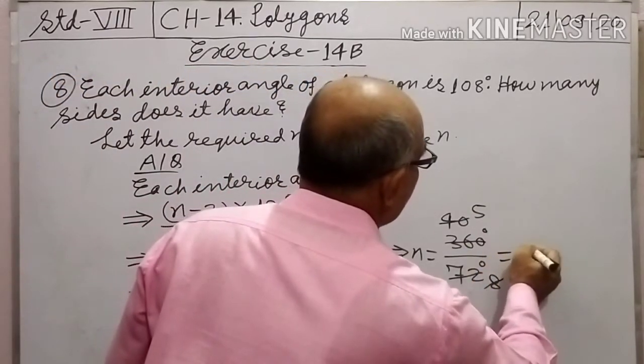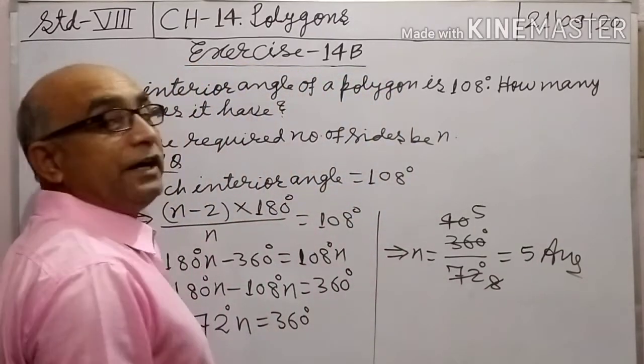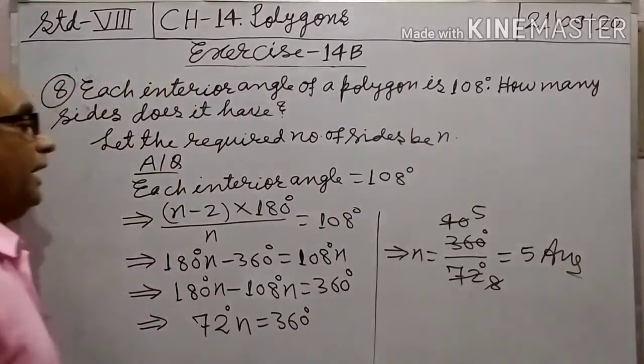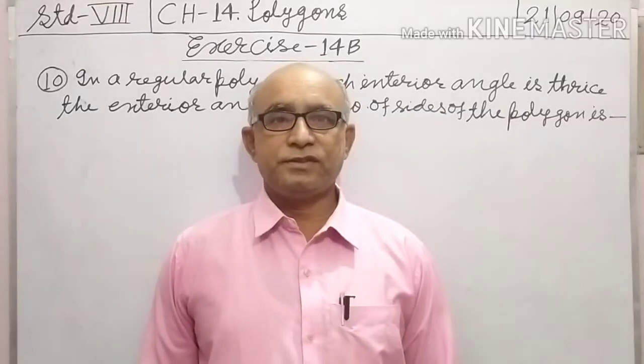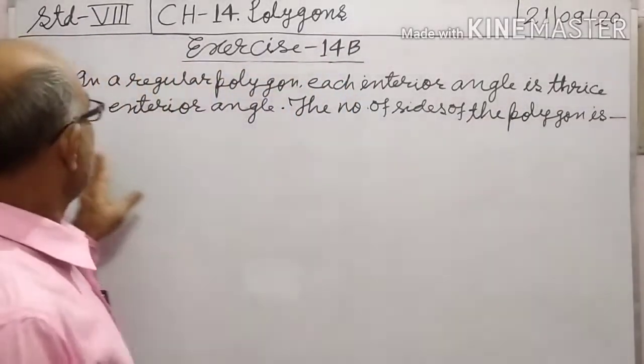So n equal to 5, answer. The number of sides equal to 5. Understand and write it. Friends, next question is question number 10 on this board.